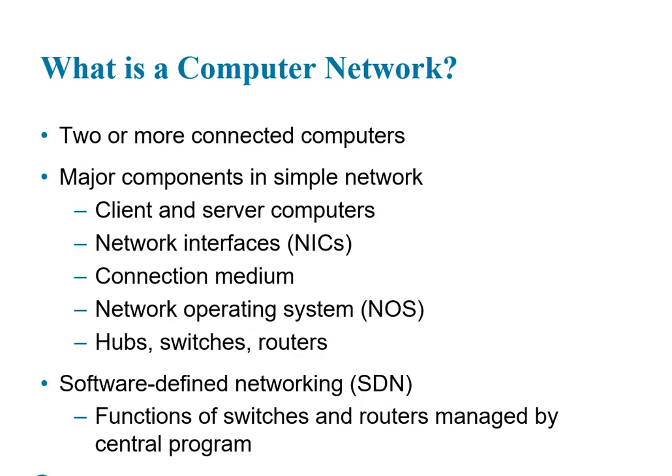And so here we get into what a network is, along with the components that you will find in a simple network. A computer network is simply the connection of two or more computers.